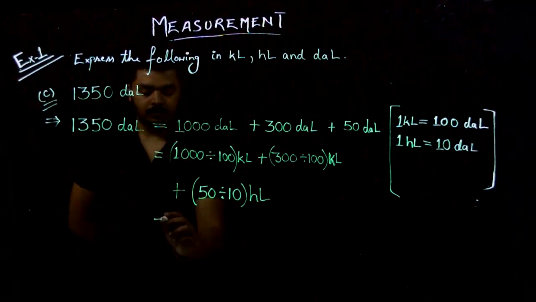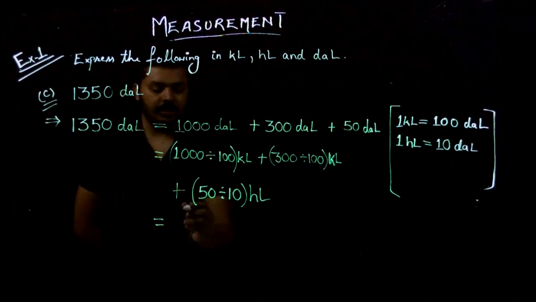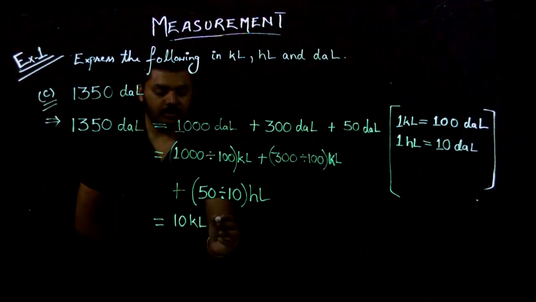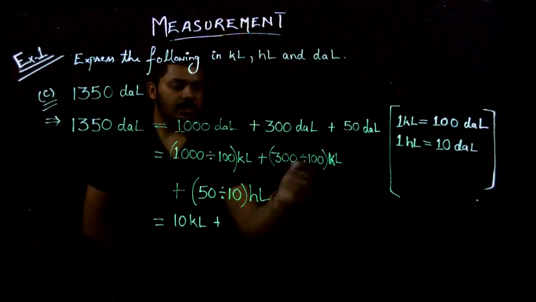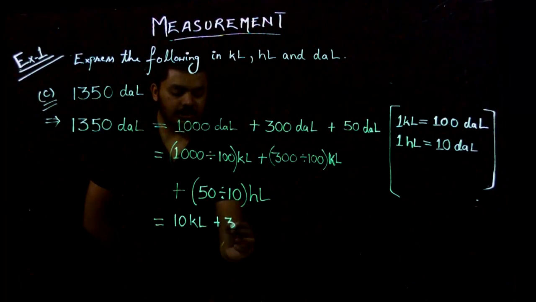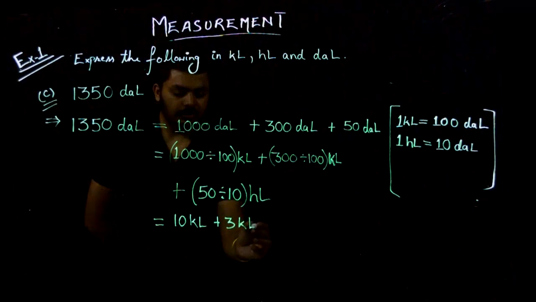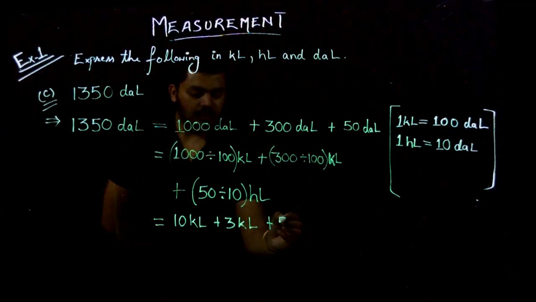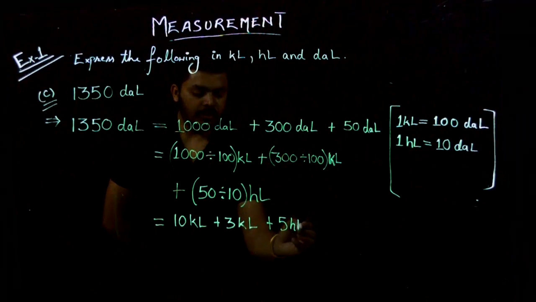So now 1000 divided by 100 gives 10 kiloliters plus 300 divided by 100 gives 3 kiloliters plus 50 divided by 10 gives 5 hectoliters.